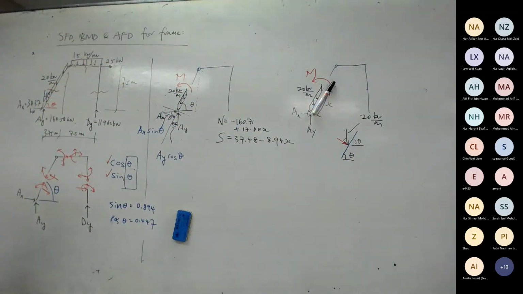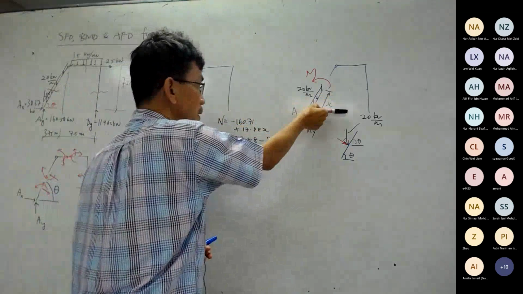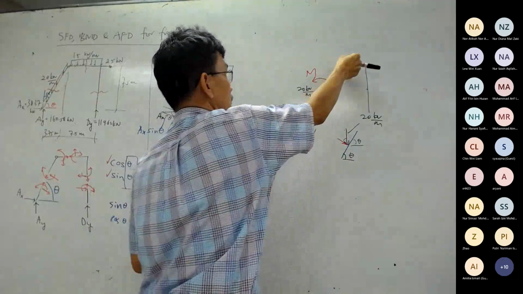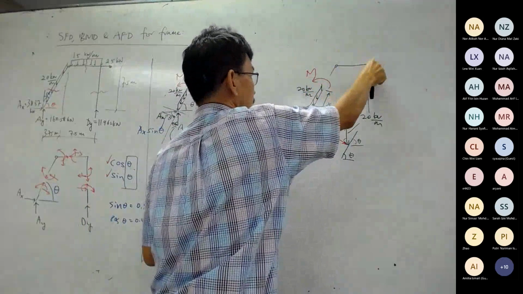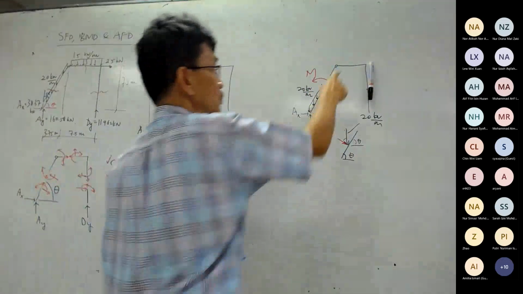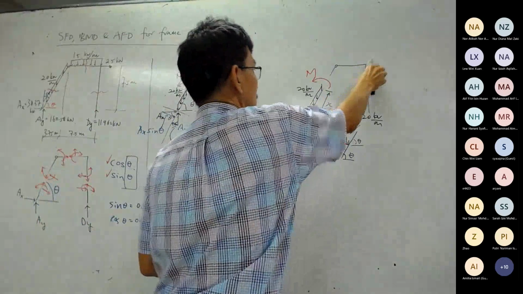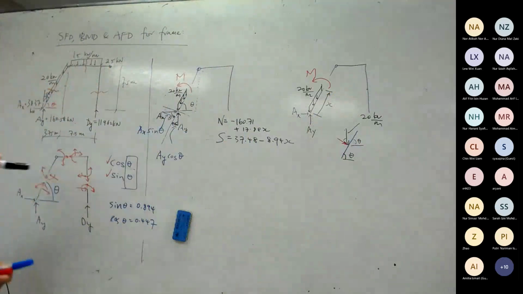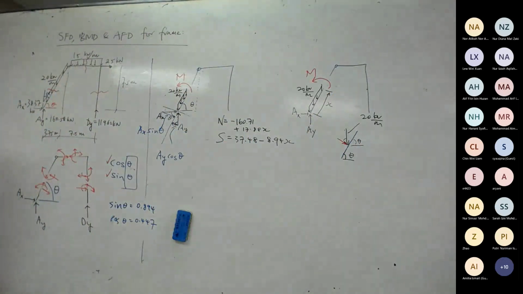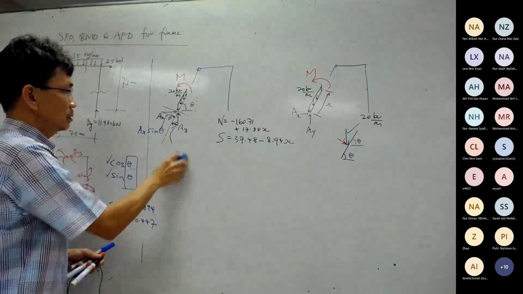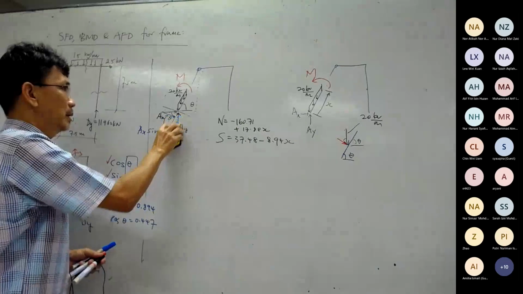It must always follow your member. The x is not like this, not like that, it's like this for this member. For this member, x is like that. If you start your origin from here or from there, the important thing is that when you calculate axial force, shear force, and bending moment, x follows the member. Take note of that.